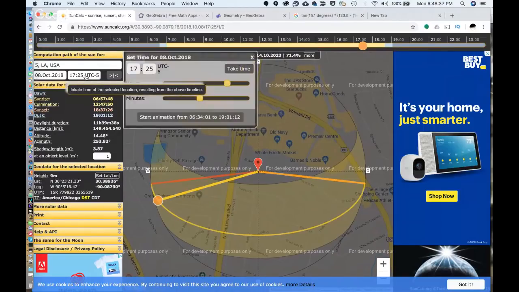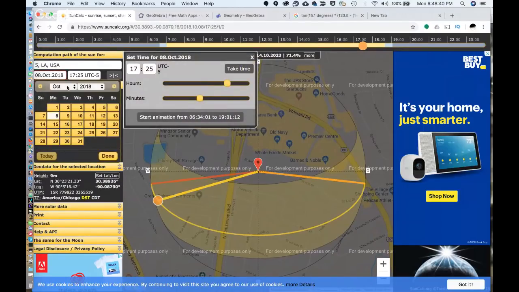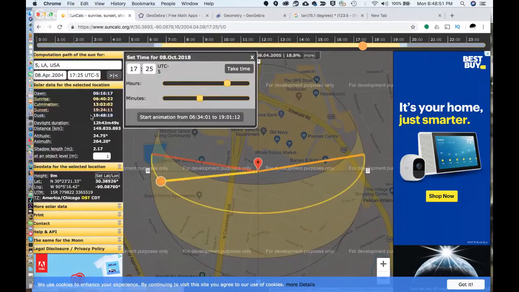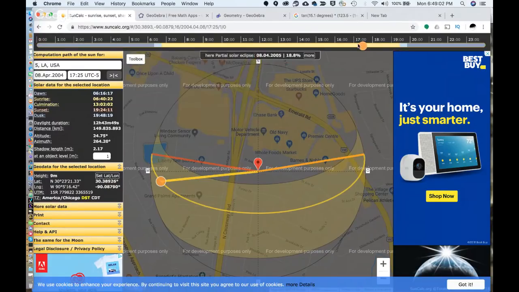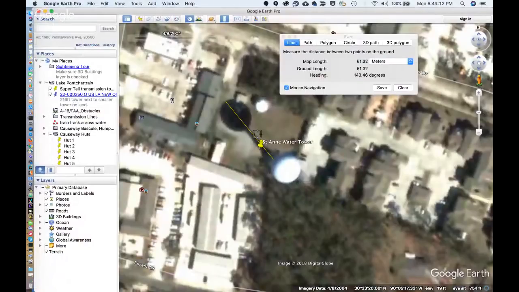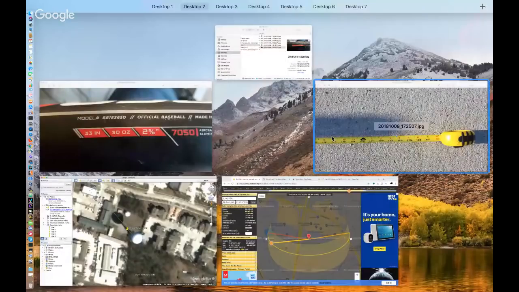And then what you're going to want to do is select the date here, which would be April. I think I said 8th, right? April 8th, 2004. And then you're going to want to find the time of day where the heading, and the heading is the azimuth, matches the heading that you found in Google Earth here, 143.46.